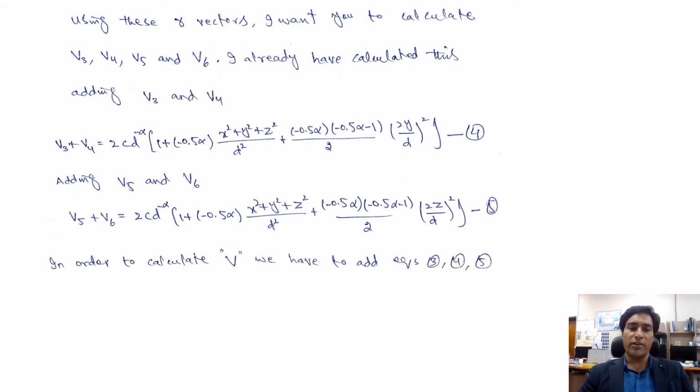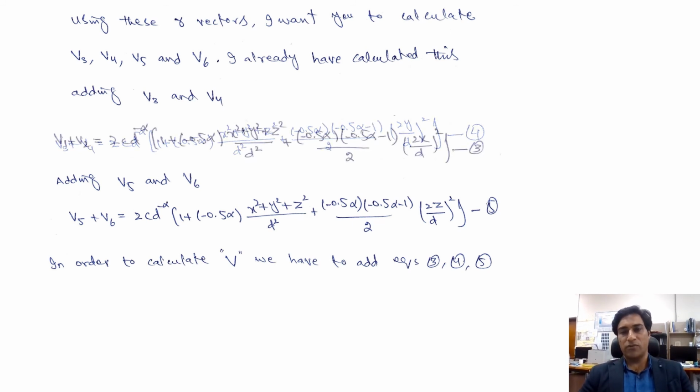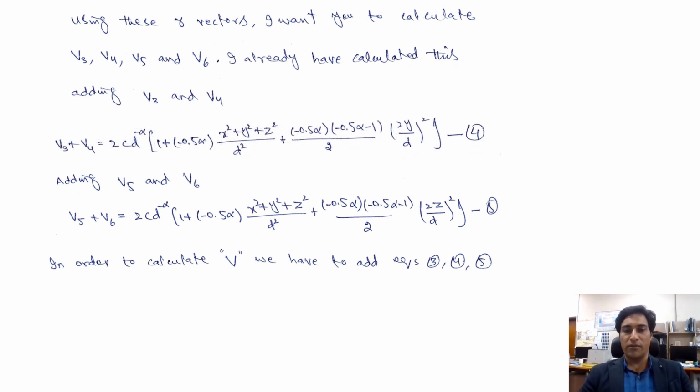In order to calculate V, as I mentioned before, we have to add equations 3, 4 and 5. So this is equation 3, equation 4 and equation 5. Simply we are going to add V1, V2, V3, V4, V5 and V6.